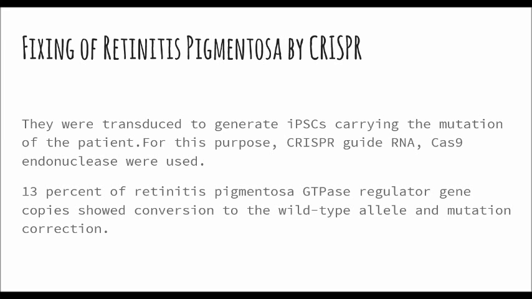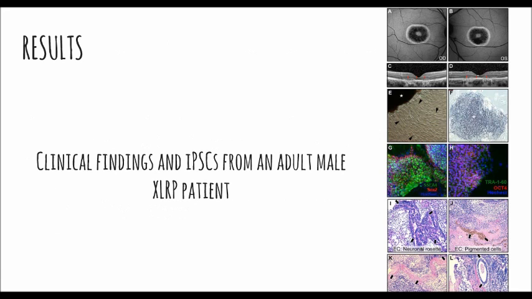For this purpose, CRISPR guide RNA and Cas9 endonuclease were used. 13% of retinitis pigmentosa GTPase regulator gene copies showed conversion to the wild type allele and mutation correction.